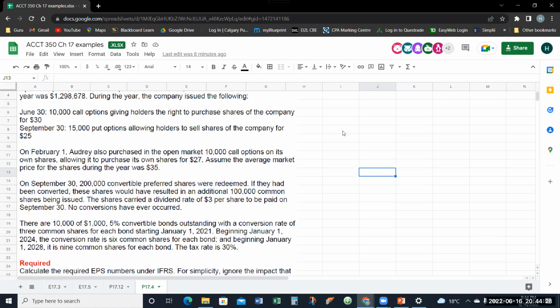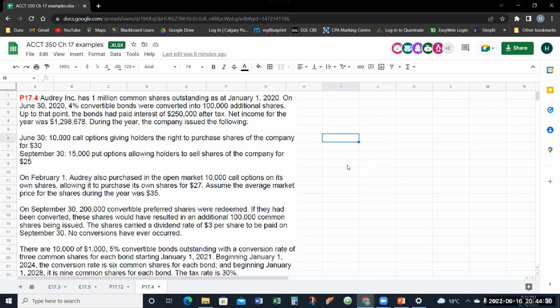Okay, so let me just type out here. Average market price is $35 over here. Since exercise price is less than average market price, in the money, right?